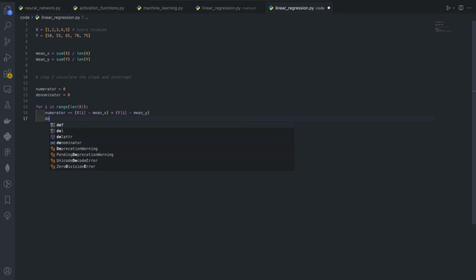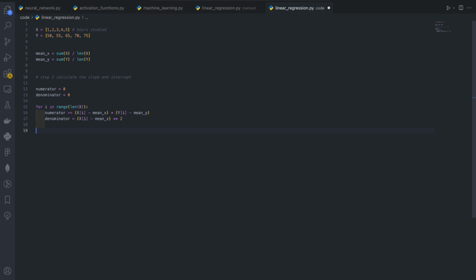Then we got the denominator, which is equal to x of i minus mean of x, and then we got the power of 2. So that's how we will calculate our numerator and denominator.